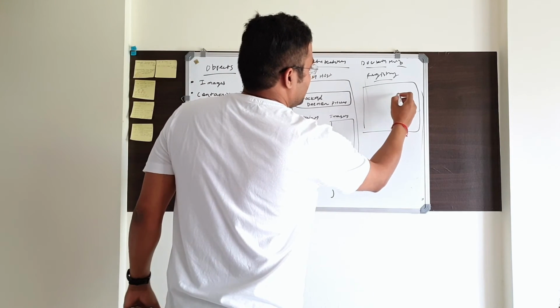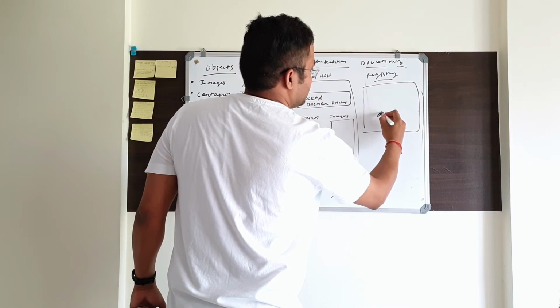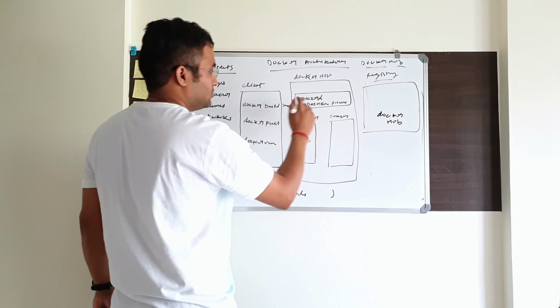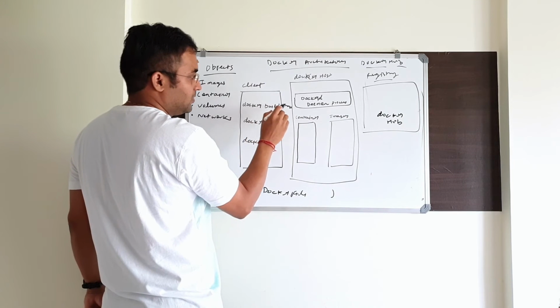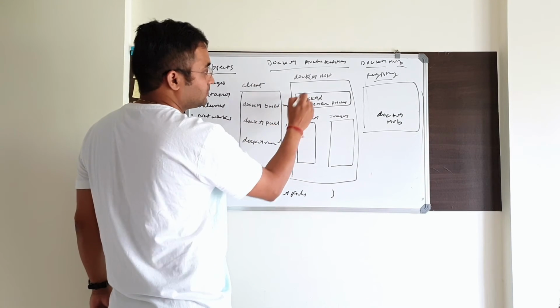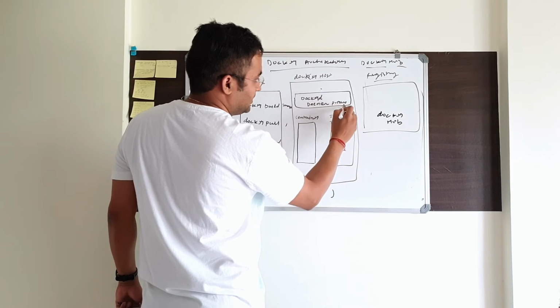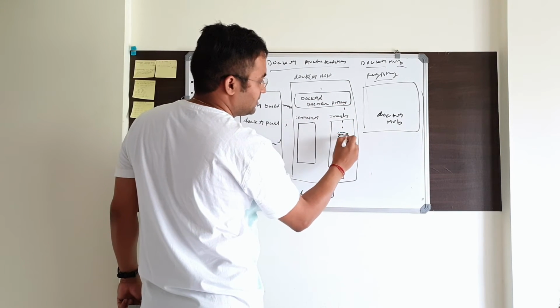So for the registry, just imagine this Docker Hub. Once you do docker run, docker run goes and checks if this image is available.